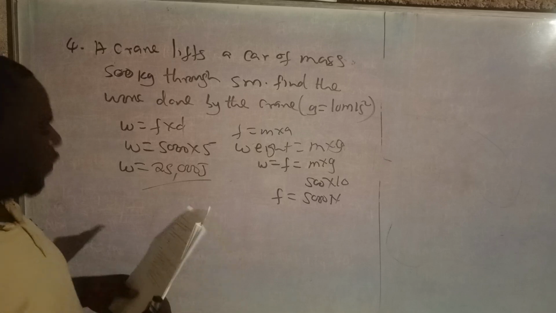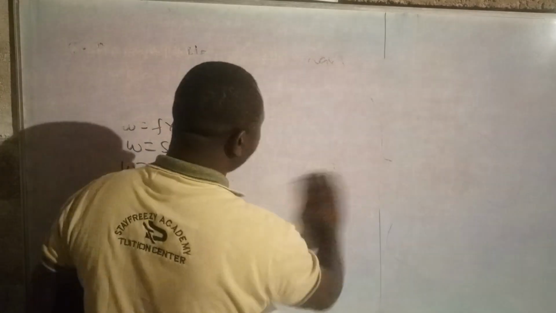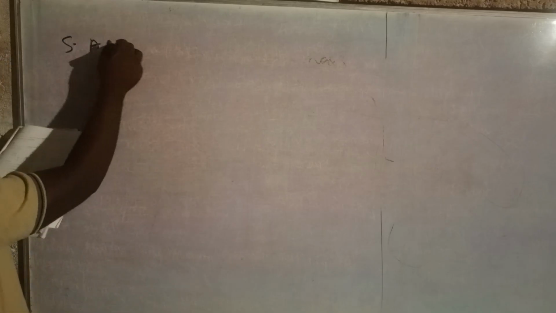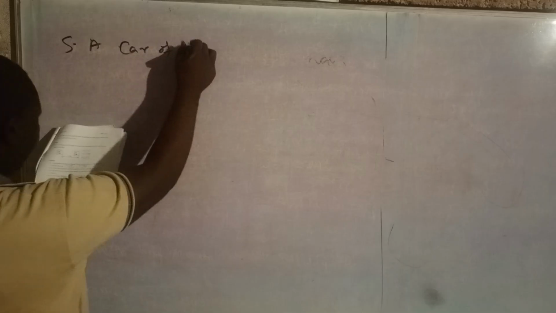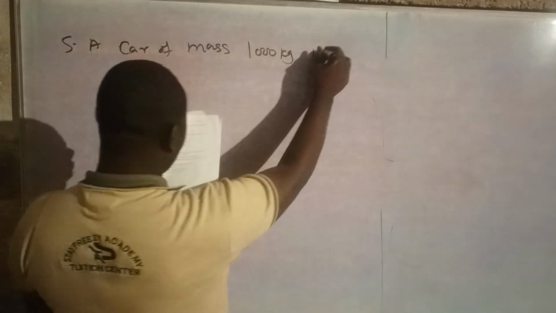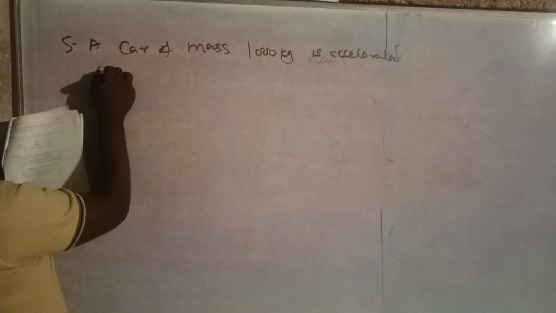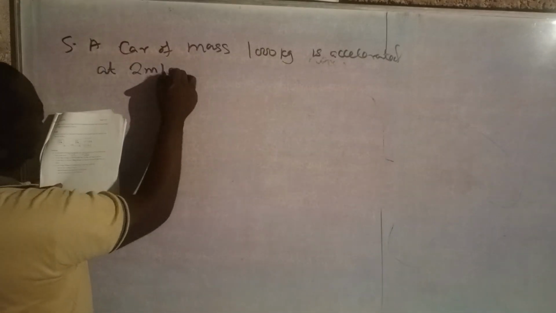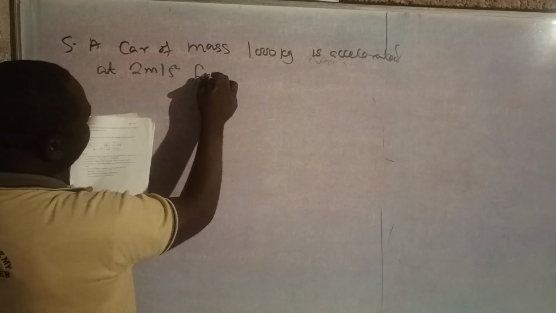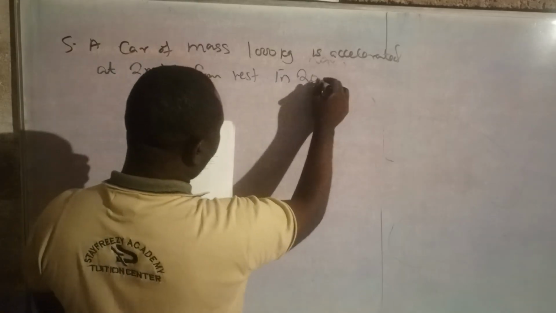Okay, so I'm going to question 5. Question 5 reads: a car of mass 1,000 kg is accelerated at 2 meters per second squared from rest in 20 seconds.